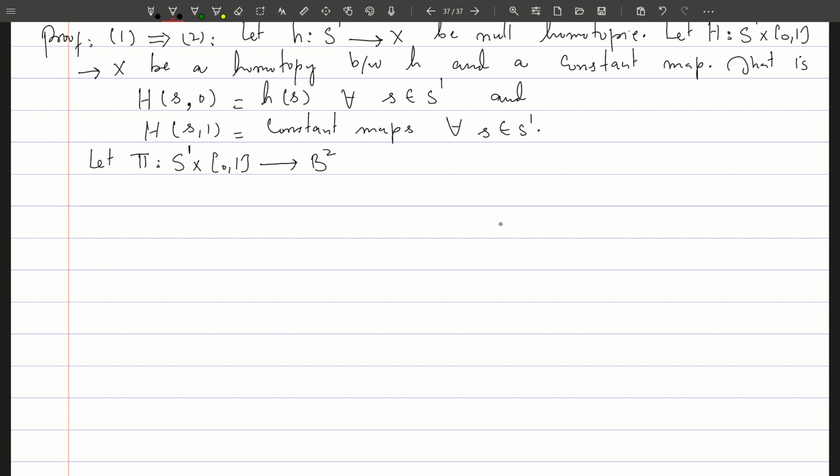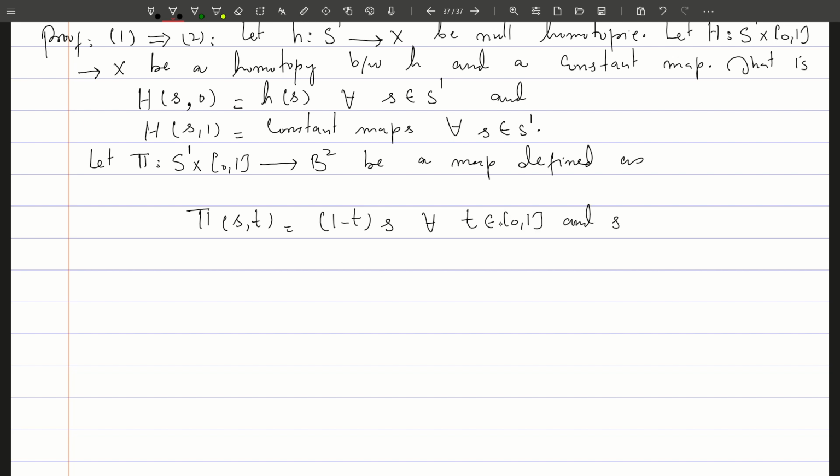Let this map be defined as pi of (s, t) is (1 minus t) times s, for all t in the interval [0, 1] and s in S1.